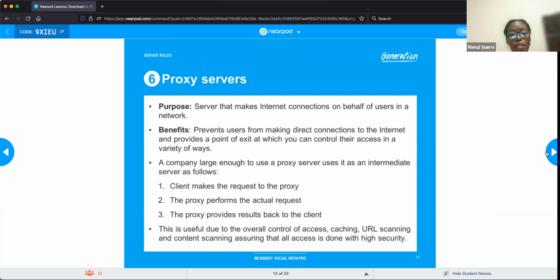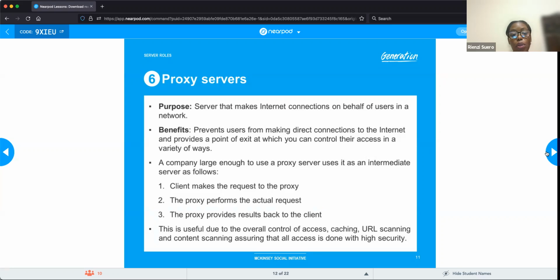Proxy servers purpose: server that makes internet connections on behalf of users. Network benefits: prevents users from making direct connections to the internet and provides a point of exit which you can control their access in a variety of ways. A company large enough to use a proxy server uses it as an intermediate server as follows. 1.